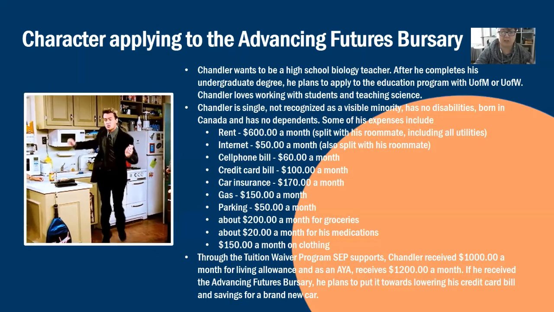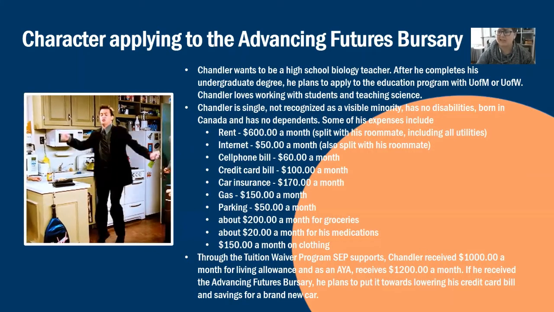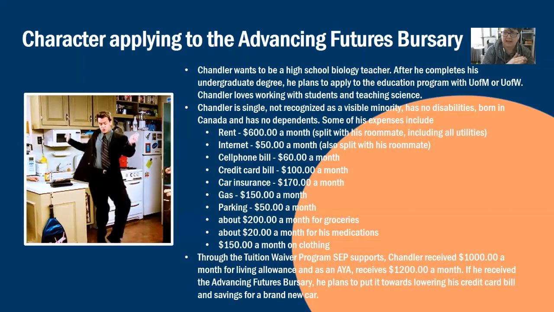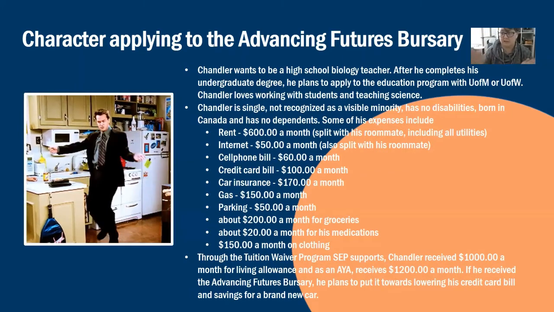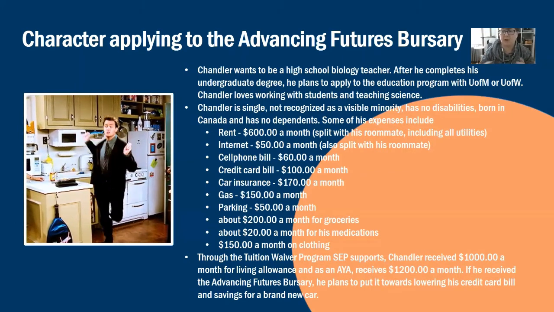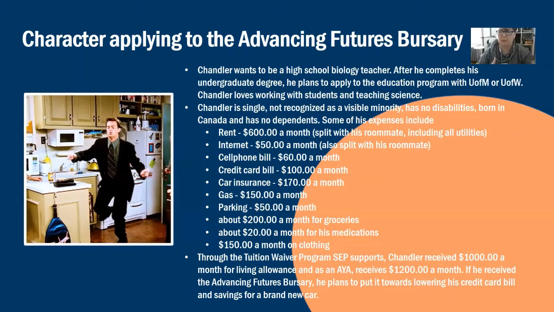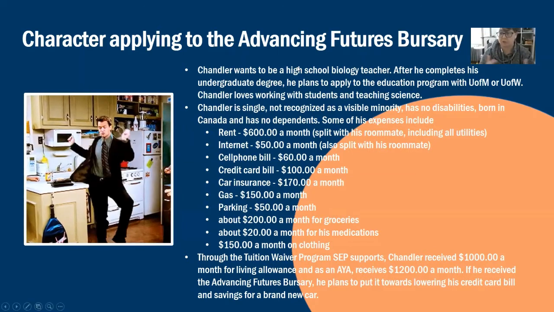And somebody wanted to know what an AYA is. It was previously called an extension of care. So if you are a permanent ward at your 18th birthday, you have an option to extend your care up until the age of 21, as long as you're career focused, working on getting a job, going to school, or working on life skills. It's up for you and your social worker to decide.